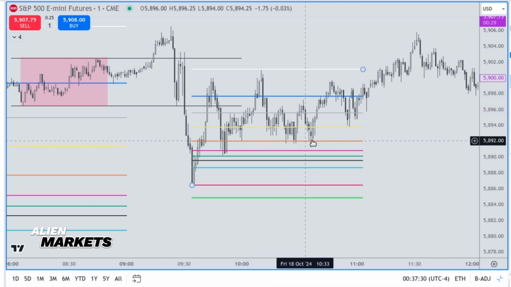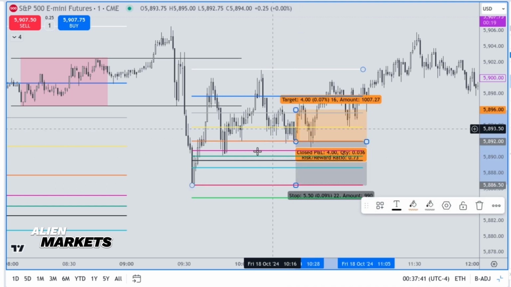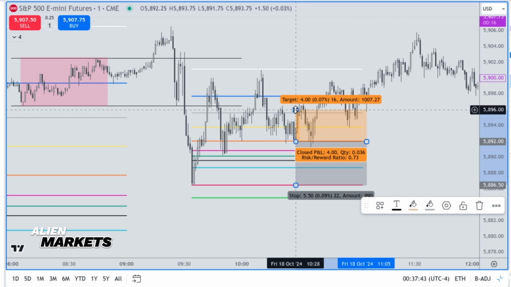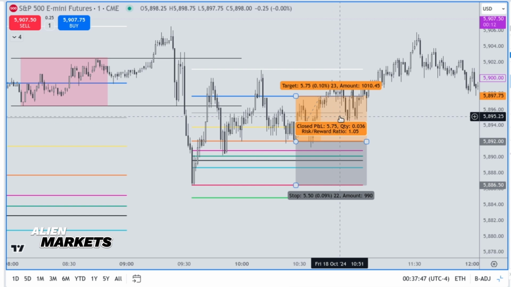We could have taken this in Stoich's model, right? Remember that Stoich's model, in which I based my framework, is a 1-to-1 risk to reward, right?